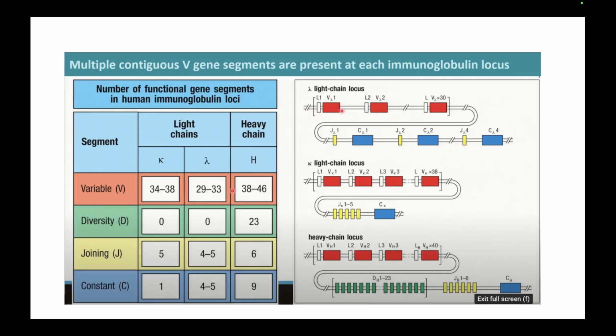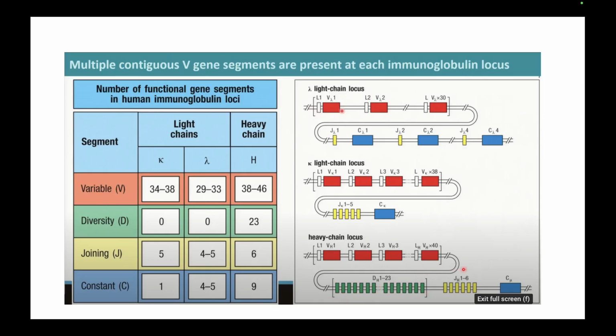This is basically a probability, how many different combinations can be generated. If there are a total of 38 kappa V segments and 5 joining segments, then 38 times 5 combinations can be made, and there is one constant. In the constant region there are also 9 types, so altogether multiplied, that many combinations can arise.